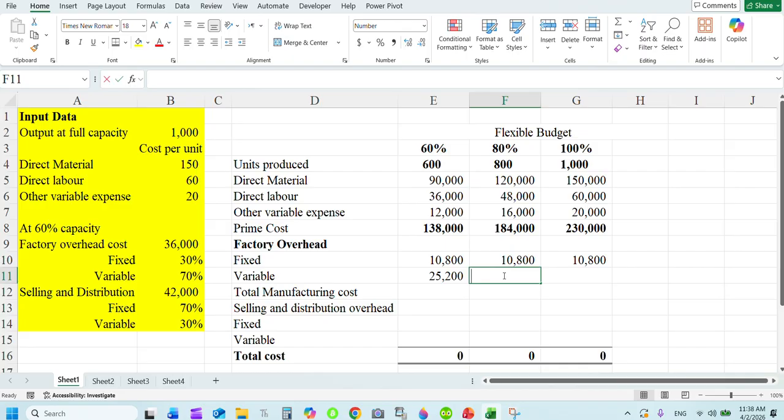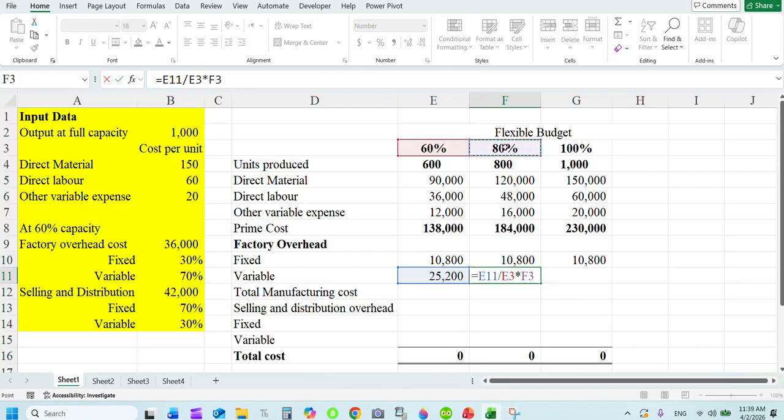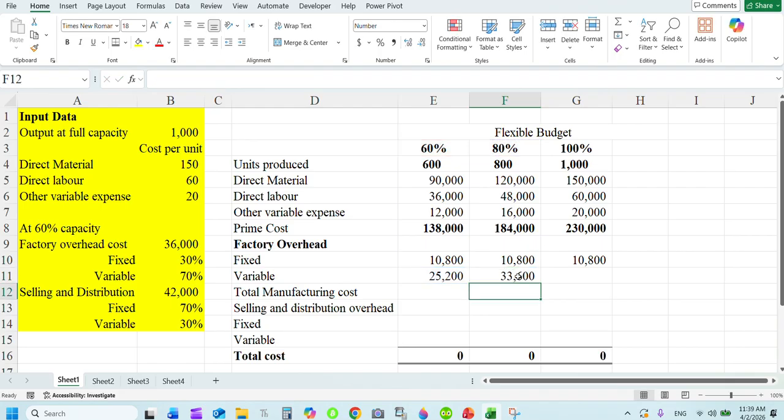So how to compute for 80%? We can say this is for 60%. I divide this by this one, multiplied by this quantity. So accordingly, this is the variable factory overhead cost. I can drag it to the next part, and the formula will automatically compute.